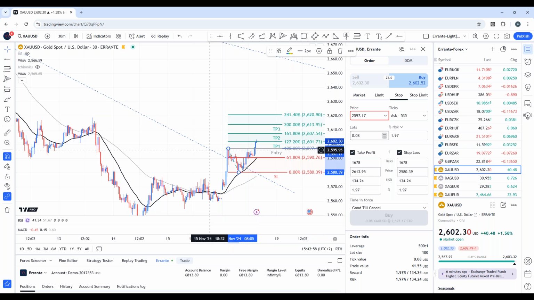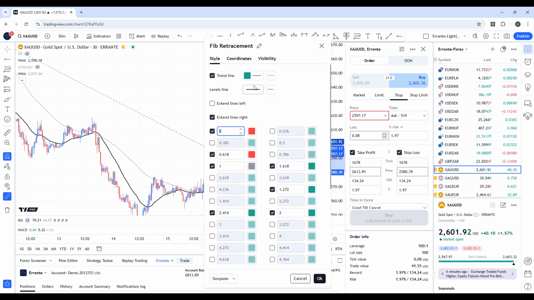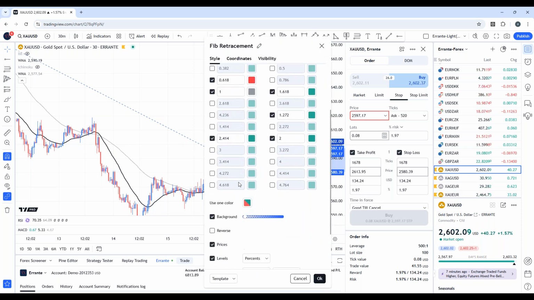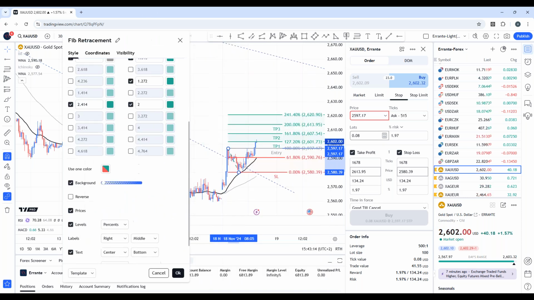And as we are at this breakout, we can consider this as a first TP, this is a second TP, and then we have the third TP. And of course, you can choose the appearance, the colors, and the placement aligned with the line here.